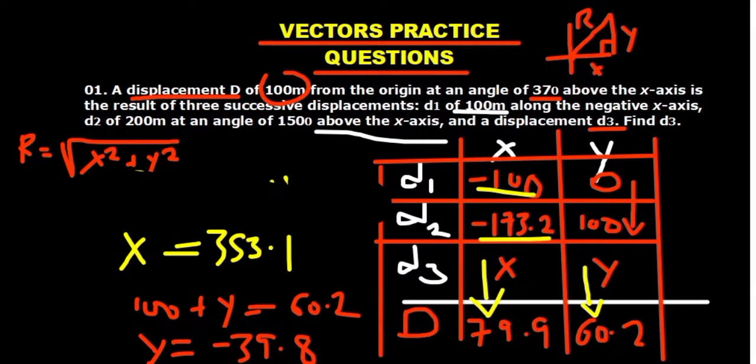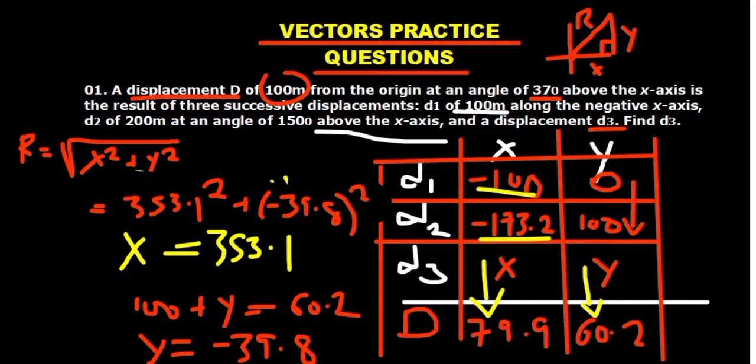We're going to have 353.1 squared plus negative 39.8 in brackets squared, and the square root of this will give us the vector itself.